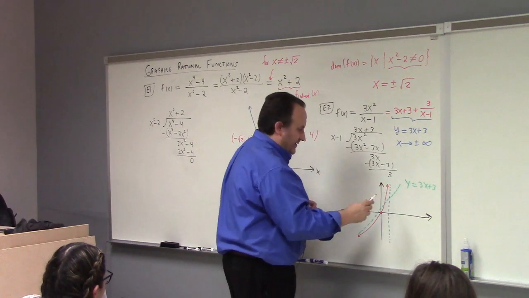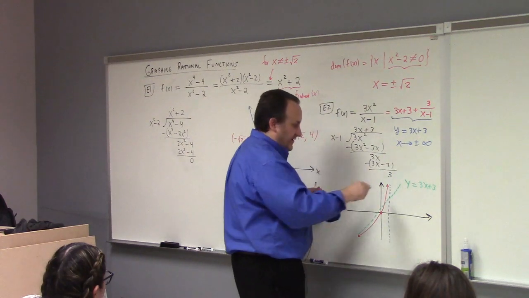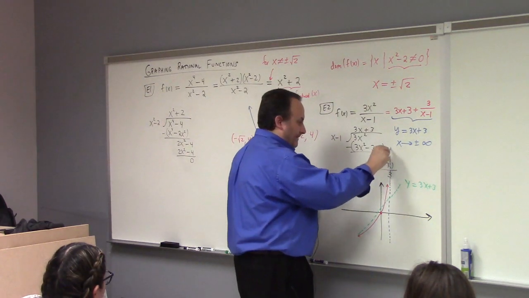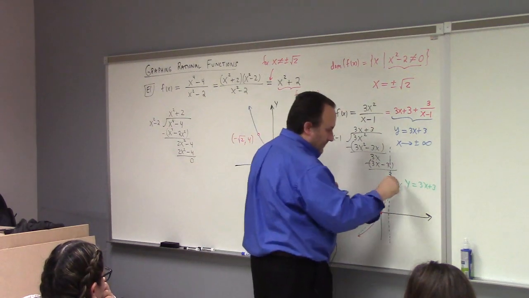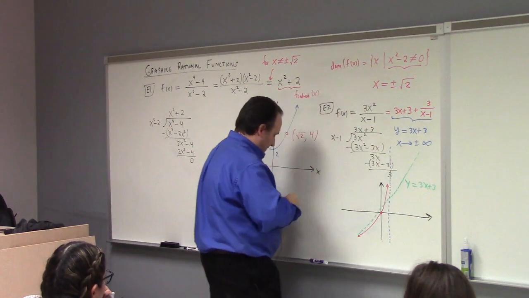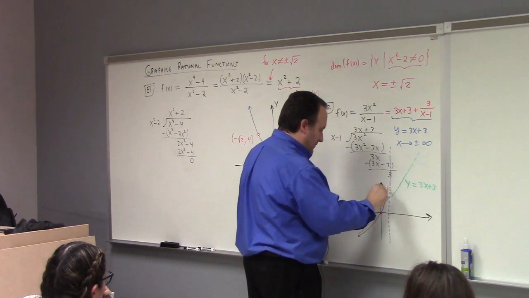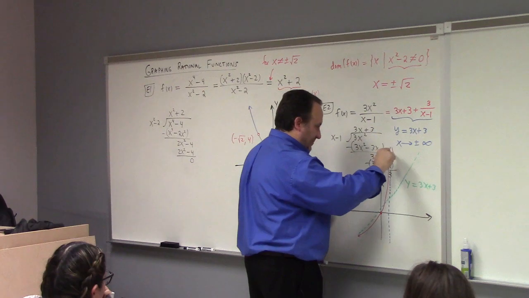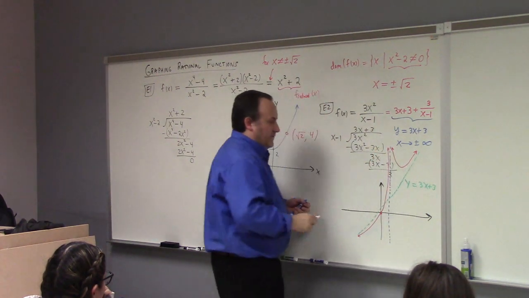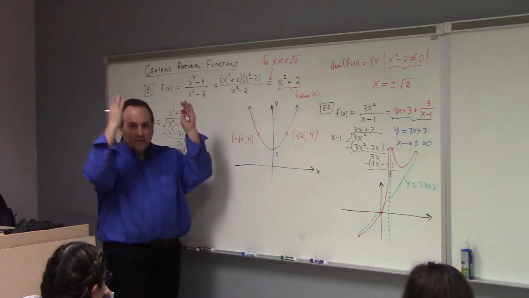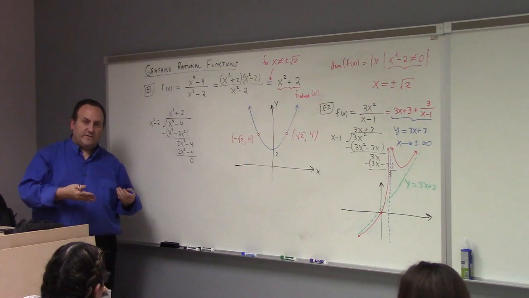So it goes big like there, and let me extend this up a bit, if you'll forgive me for writing through my writing. So what this thing would look like, something monstrous like this, and then it does some kind of bendy thing back to like that. So the rules are the graph has to blow up to infinity or down to minus infinity at vertical asymptotes where you've got division by 0.